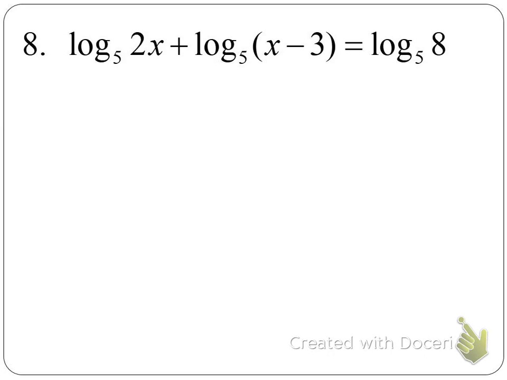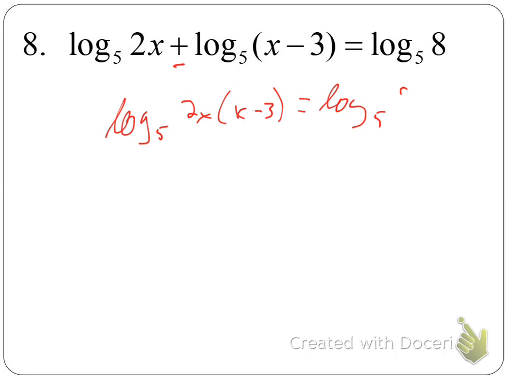All right. We're going to find the same situation here. We want to condense these two down using multiplication since we're adding the two logarithms. So 2x times x minus 3. And then we recognize that we have the same logarithm on both sides of the equation, so we can drop those logarithms, distribute that 2x, and solve this.